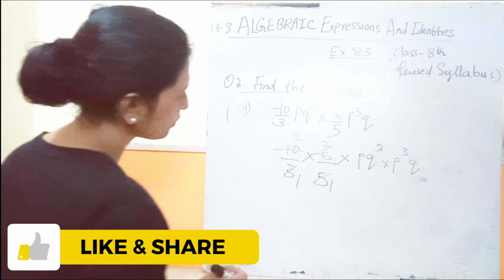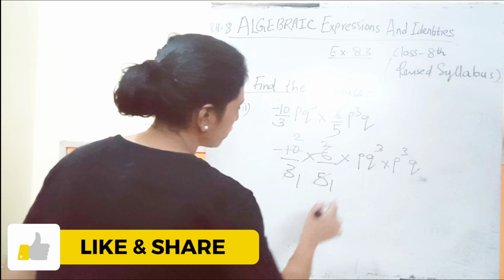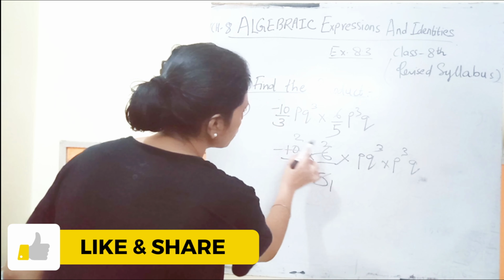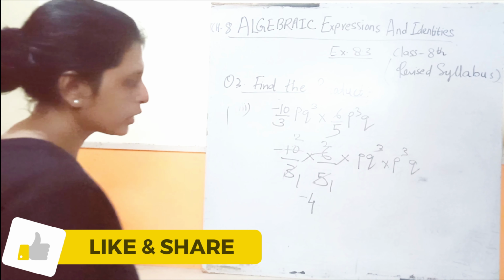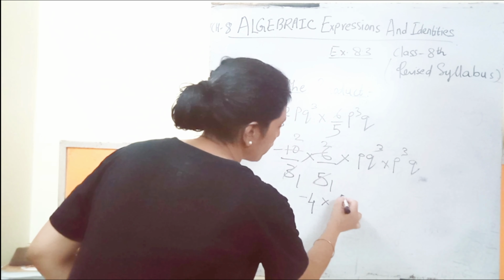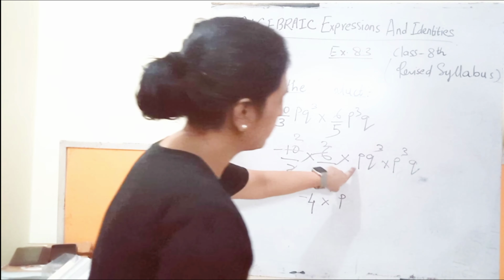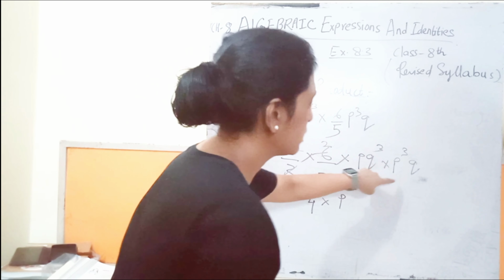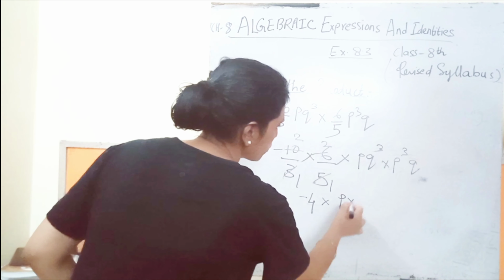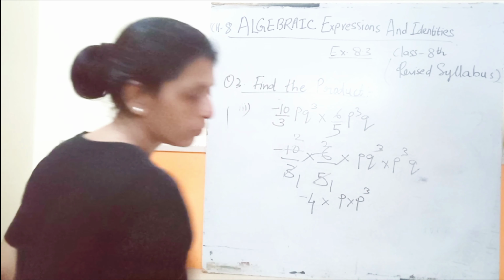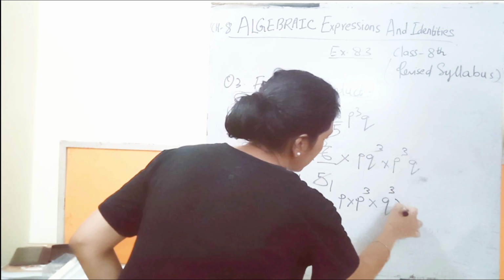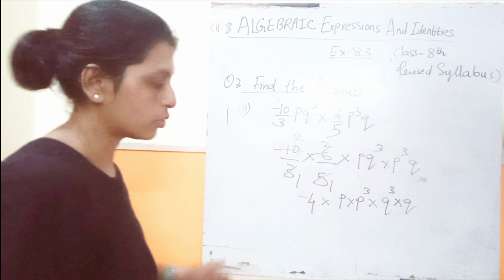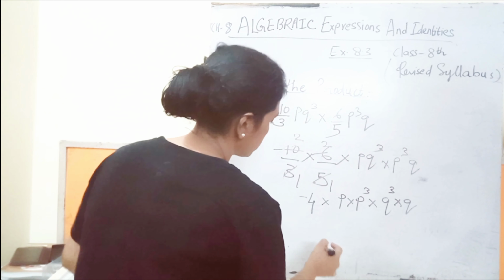Okay, now what we are going to do? Here 2 2s are 4, so it will come here minus 4. Okay, and then we are going to write the variables. They are the same bases, so we are going to write them together. Okay, we will write them together. After that we can apply the laws of exponents. Apply the laws of exponents here.